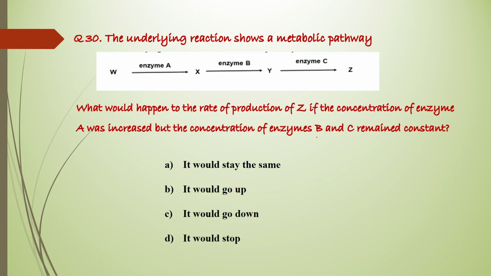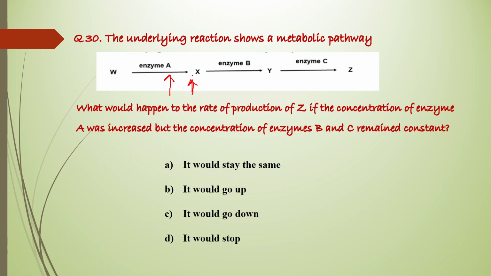What would happen? Simply say I have increased the concentration of enzyme A. So now the amount of X has been increased in our reaction mixture because there are more A molecules. So more W molecules can come here and get converted. So the rate of the reaction has been enhanced.